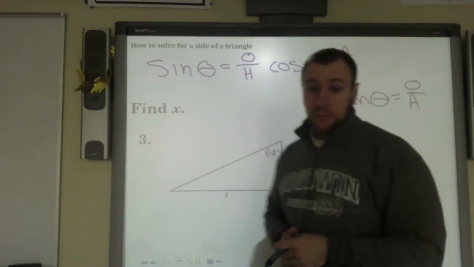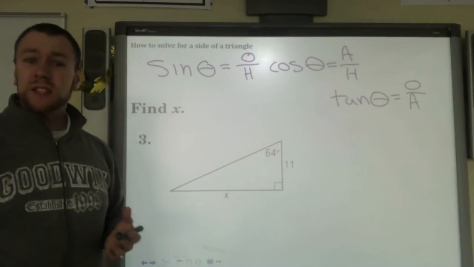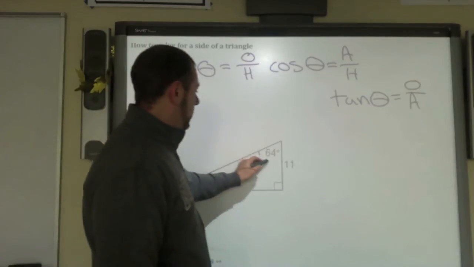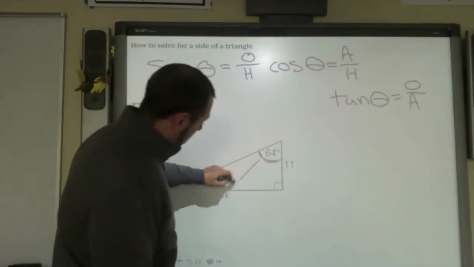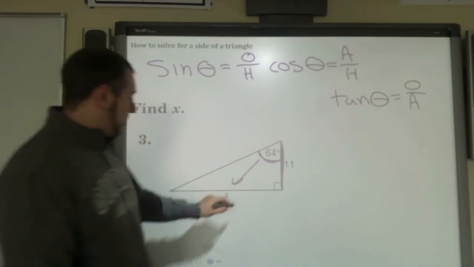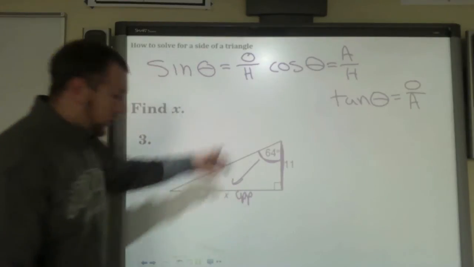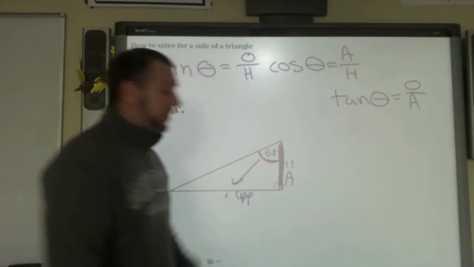So you're going to be given a triangle like this. You have to decide, okay, I'm given this angle. That's my theta. Then I have these two sides marked. That x is actually the opposite side because it's across from the angle. This 11 is the adjacent side because that's next to the angle.